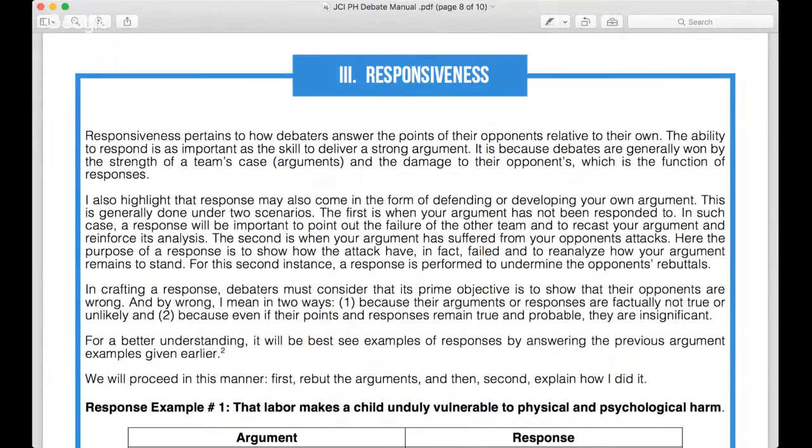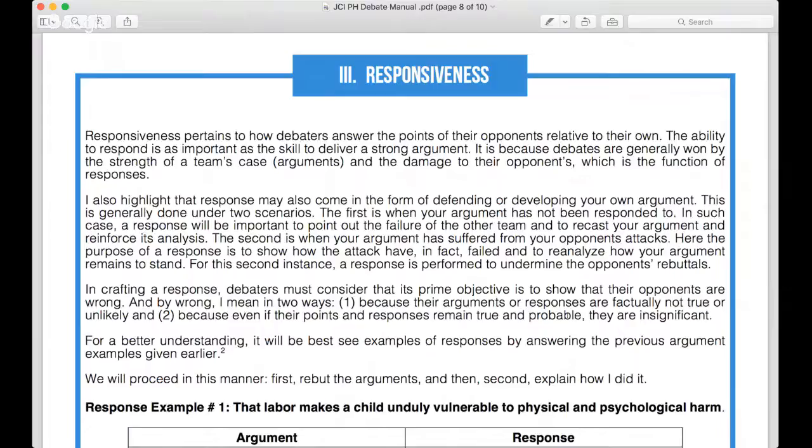In such case, it's important to point out to the adjudicator or to the house that the opponent failed to respond to your argument, that they just ignored it and were unable to respond. It's a good chance for you to highlight how good the argument was, or how the other side of the house failed in their role to respond to you.